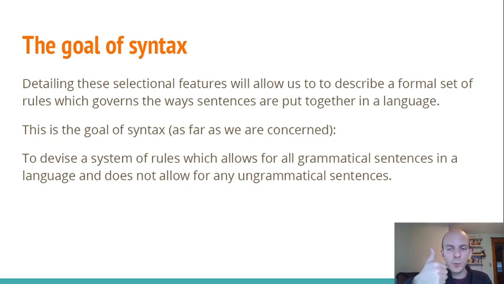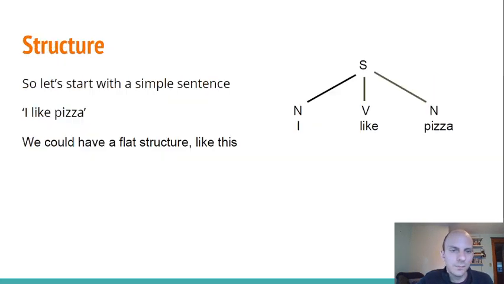So we have these rules that will produce all the grammatical sentences and disallow all the ungrammatical sentences. So we want a system of rules which can generate for us these word strings that we'll call sentences, all the grammatical ones that we deem thumbs up, and doesn't give us any ungrammatical ones. That's important.